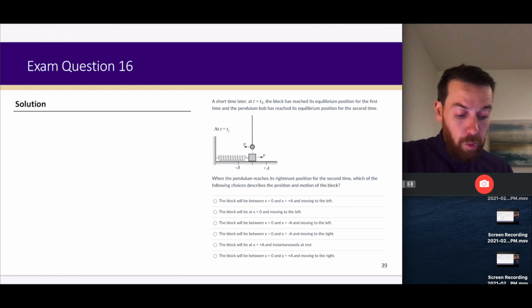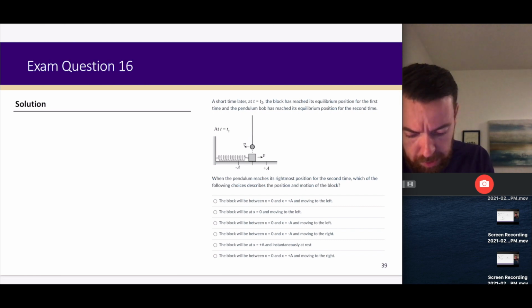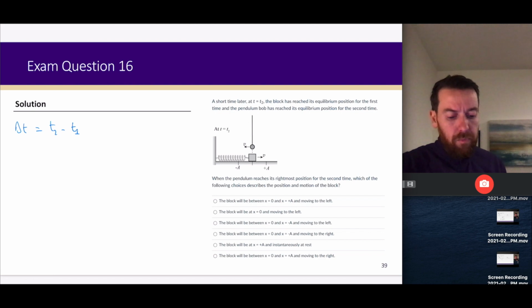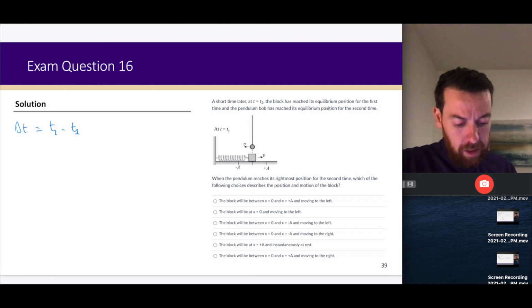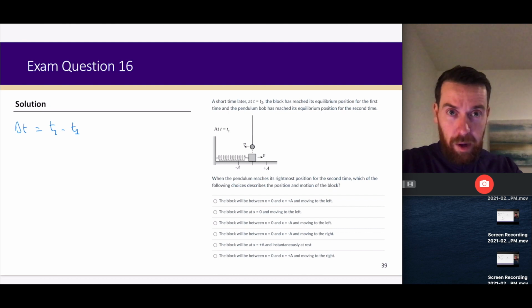Okay, so what we can see here, if we consider delta t as t2 minus t1, we can see what happens. What's happened at this point is that the pendulum bob has gone through basically 3 amplitudes. It's gone from its leftmost position to the equilibrium, to the max right, then from max right back to the equilibrium.